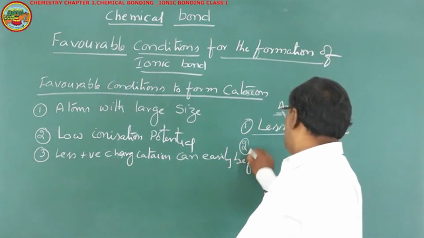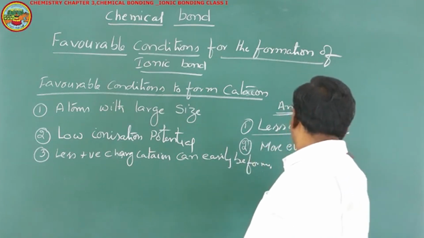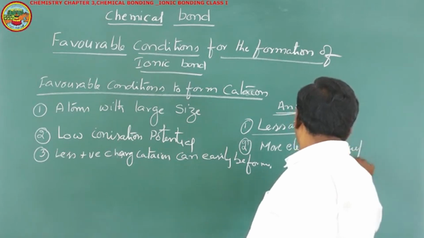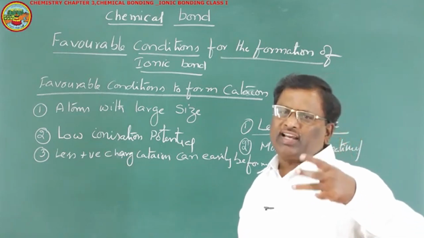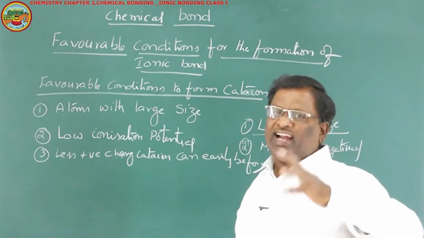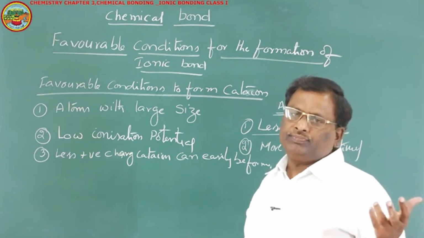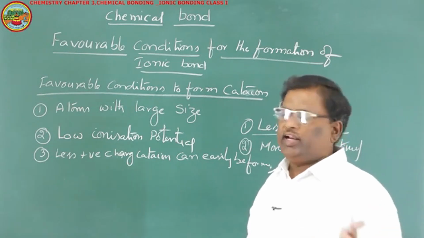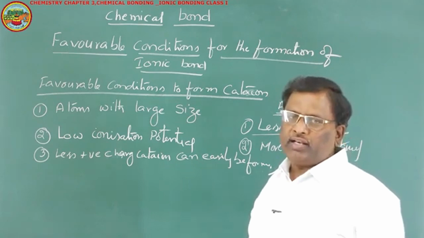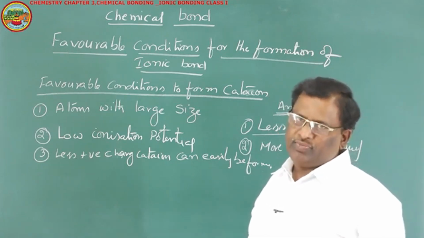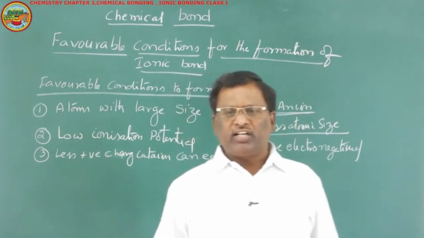So the atom with more electronegativity can easily form an anion. An atom with small size can easily form an anion, and an atom with high electronegativity can easily form an anion. And as in the positive case, in the negative case also, less negatively charged anions can easily be formed than more negatively charged anions.